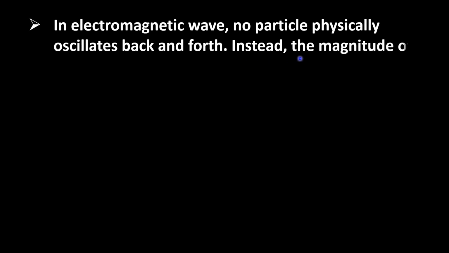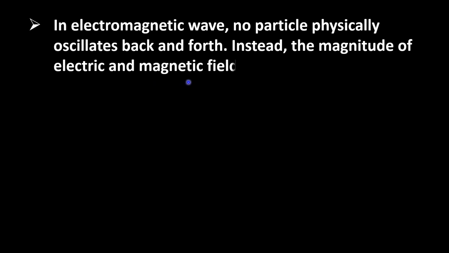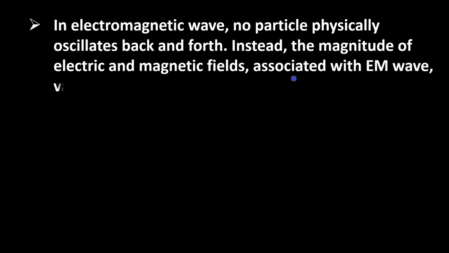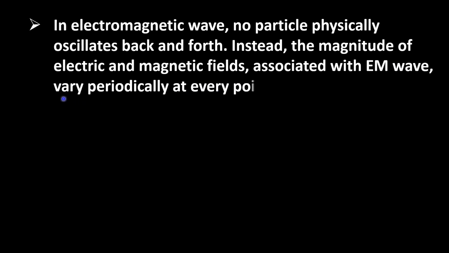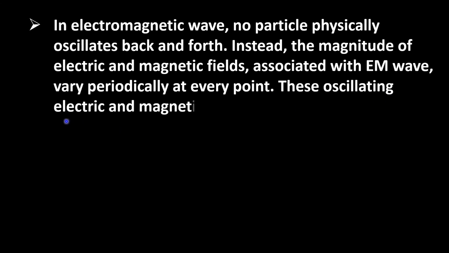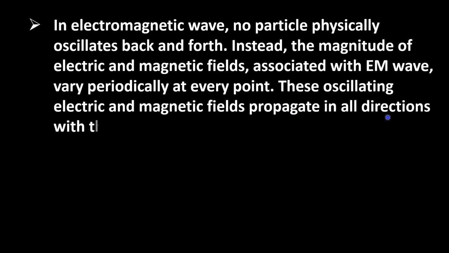Instead, the magnitude of the electric and magnetic fields associated with the electromagnetic wave (EM wave) vary periodically at every point. These oscillating electric and magnetic fields propagate in all directions with the speed of light.